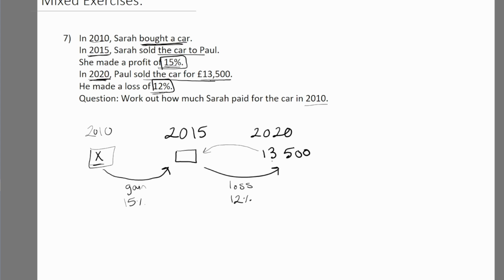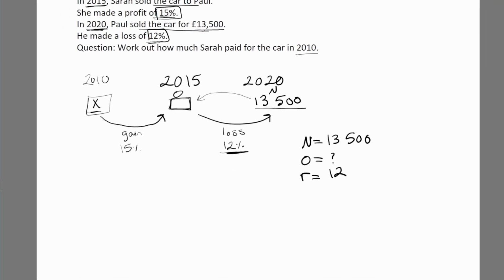But we know that in 2020 he sold it for 13,500, and this was a loss of 12% from the price he bought it for in 2015. So this is old and this is new basically. All right? So new is 13,500. The old is unknown and the loss is 12. The percentage is 12. So this is a percentage loss case right here.